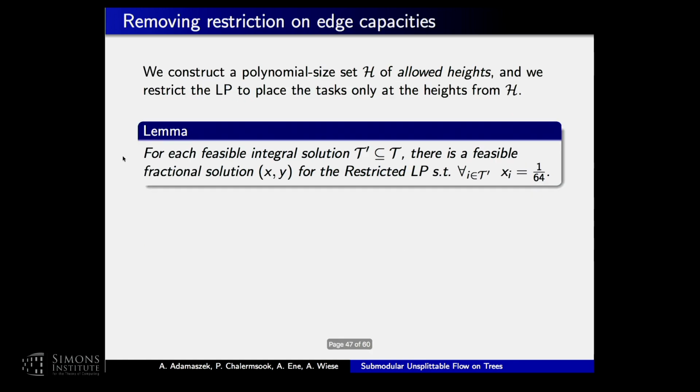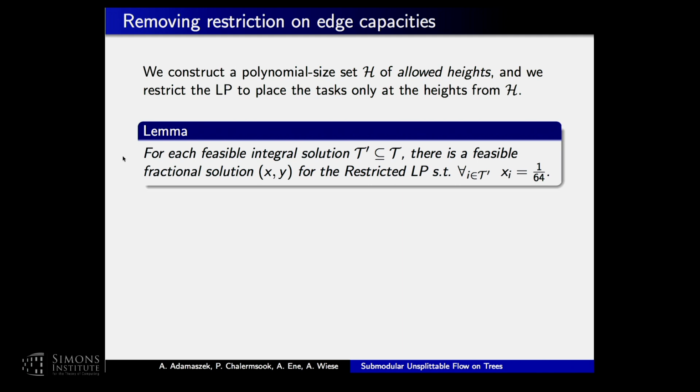Okay, so first I will tell you just shortly how to remove the restriction on edge capacities. The problem is that if we can have exponential edge capacities, then we have an exponential number of variables, because every task can be drawn at an exponential number of choices of heights.